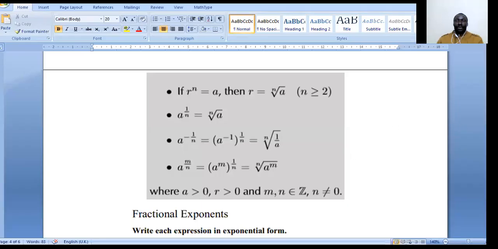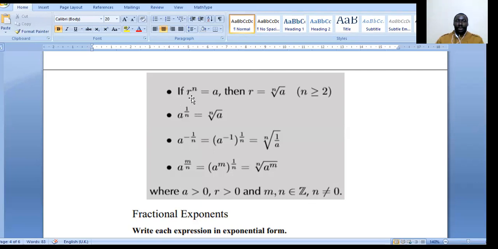We start with the definition that if a number or a letter R is raised to exponent n and it's equal to a, then R can be written as the nth root of a.